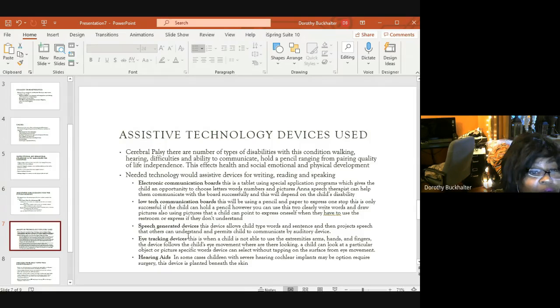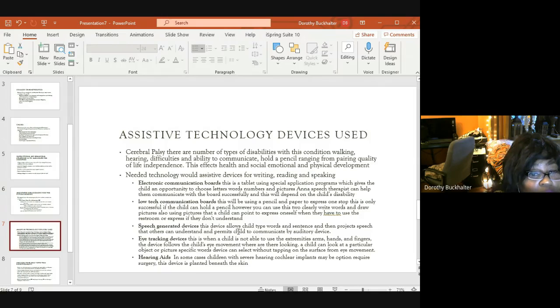Speech generated devices allow the child to type words and sentences. This is only if he's able to use his hands, and then it projects his speech so that others can understand, and permits the child to communicate by auditory device. Eye tracking device.